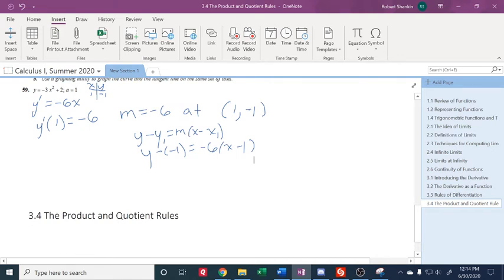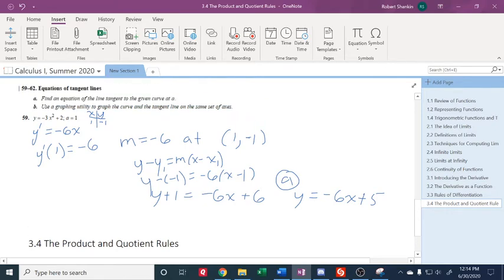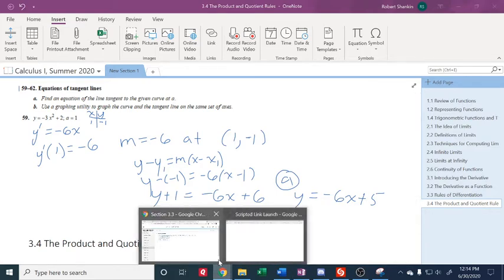And this becomes y plus 1 equals negative 6x plus 6, or y is equal to negative 6x, subtract 1 from both sides, plus 5. So that's my answer for A. And then use the graphing utility to graph the curve and the tangent line on the same axes. So I'll go to Wolfram Alpha and I'll graph both of these together.